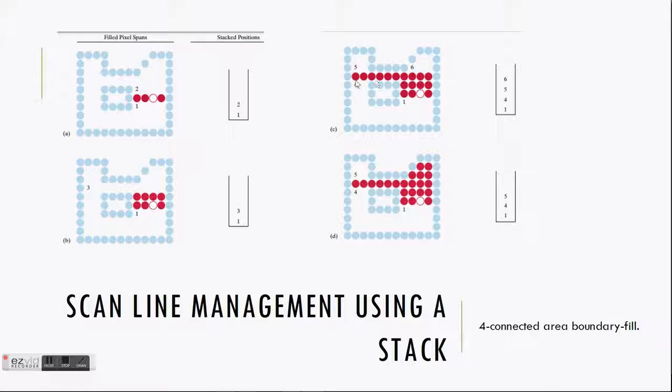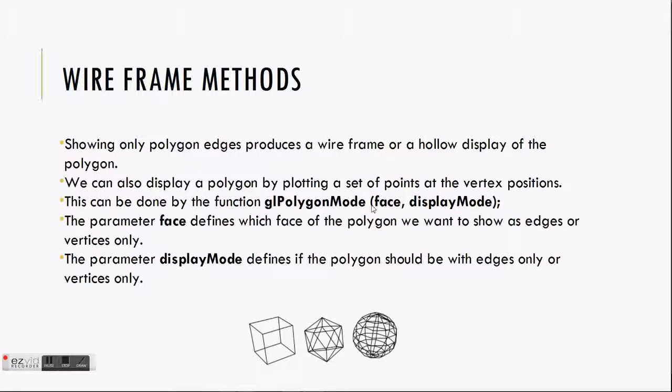Diagram C. Area 3 is filled and popped out, while the new areas 4, 5 and 6 are pushed into the stack. Diagram D. Area 6 is popped out of the stack and filled, as stack is last in, first out.